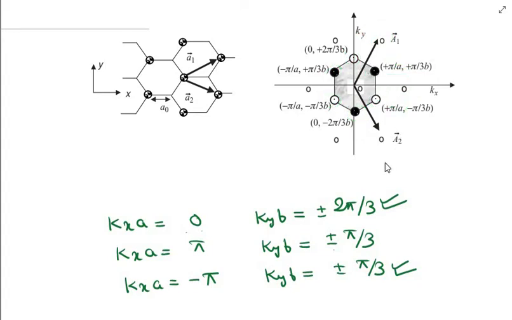Now note an interesting thing which might not be obvious at first: as I stated, in total there are 2 points within the first Brillouin zone, 2 lattice points, meaning reciprocal lattice points in the first Brillouin zone for which the band gap is exactly 0. Now note that these 2 points are actually not equivalent. You may ask why these two are not equivalent. The exact same reason why this atom and this atom here are not equivalent.